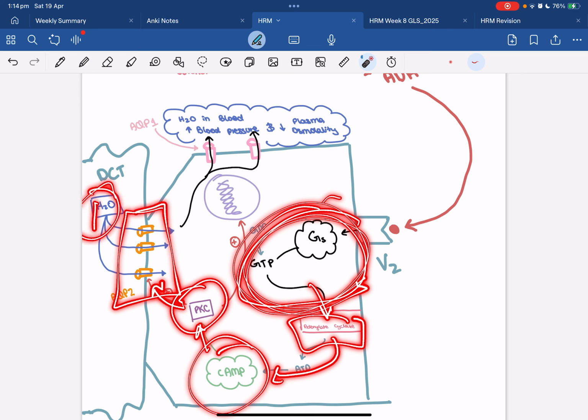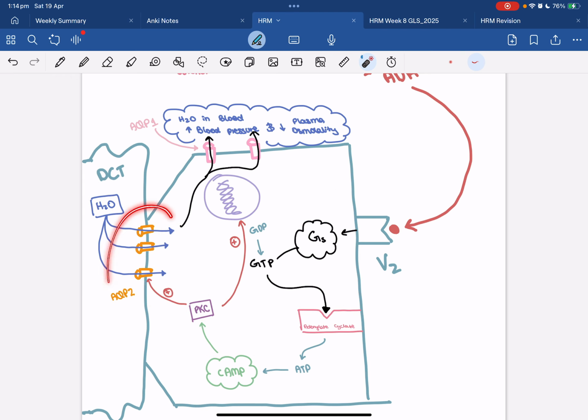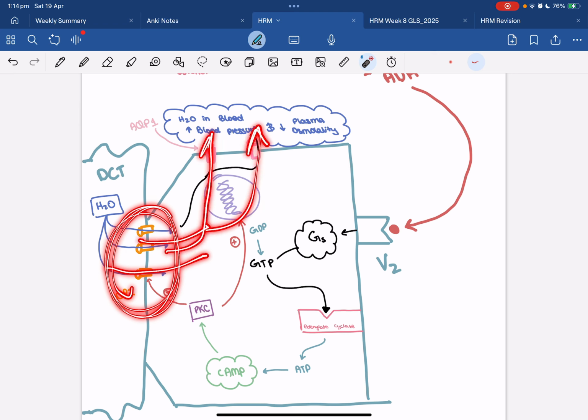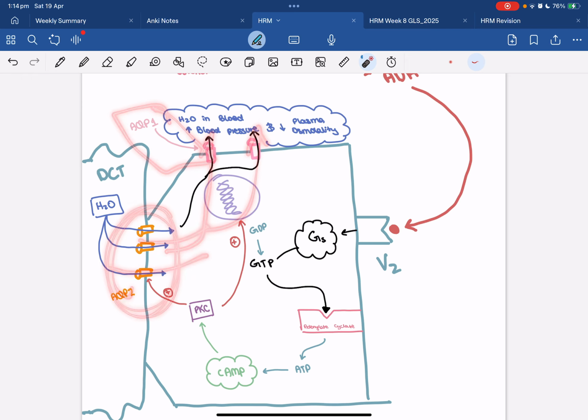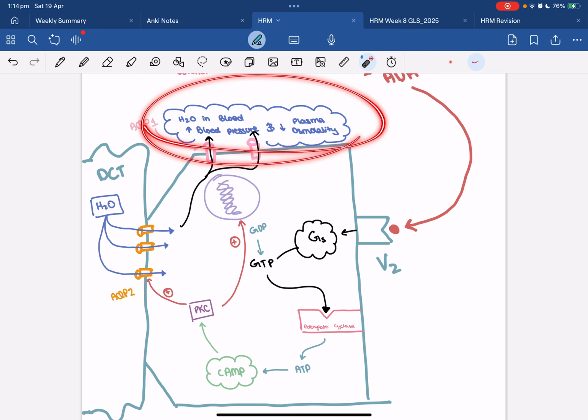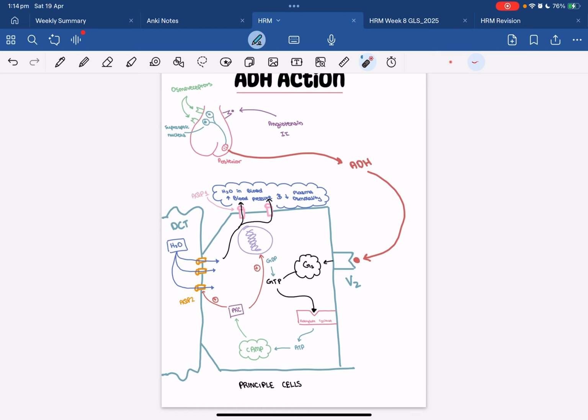This helps to absorb water into the principal cells. Then these water channels help to move water, and some of it can go into the interstitium using the aquaporin 1 channels, and this can help to increase the blood pressure and decrease plasma osmolarity because you have more water in your blood. So that's basically what happens.